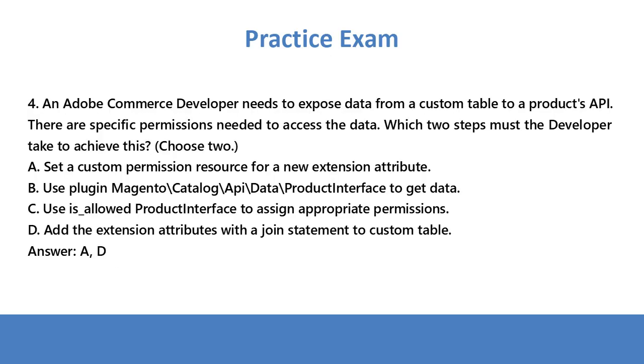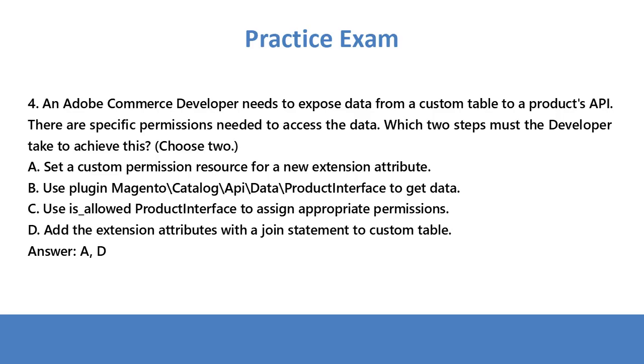4. An Adobe Commerce developer needs to expose data from a custom table to a product's API. There are specific permissions needed to access the data. Which two steps must the developer take to achieve this? Choose 2. A. Set a custom permission resource for a new extension attribute.